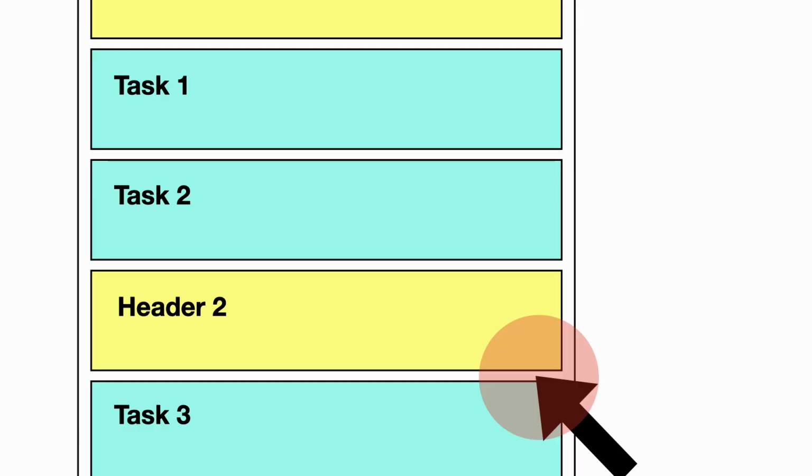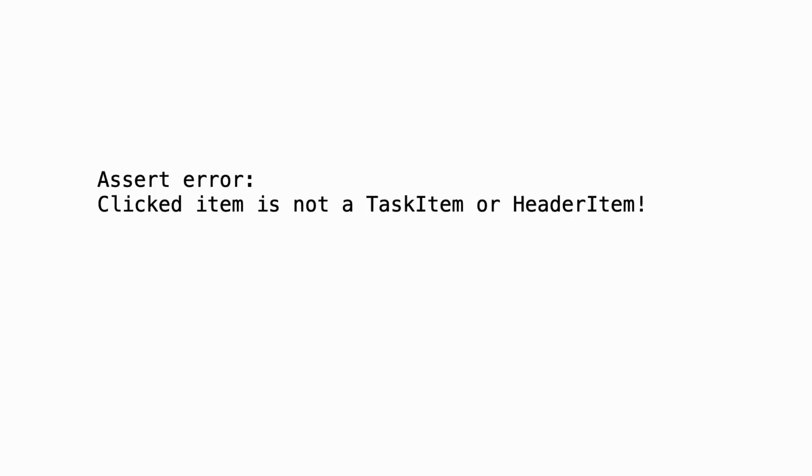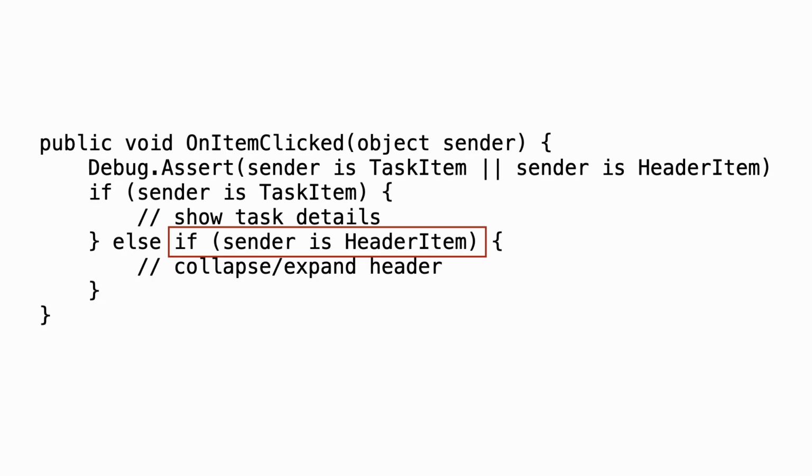It turned out that when users clicked on this white space, the system would also trigger the item click. The assert detected the problem. The bug could be fixed by explicitly checking on header item as well. After a while, we noticed the bug disappearing from the bug reports, and we could delete the assert again.